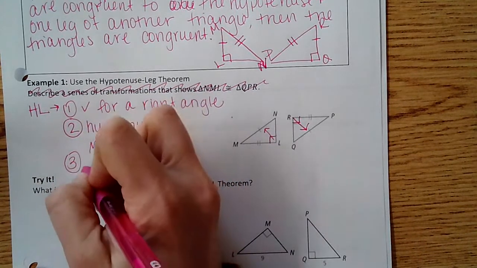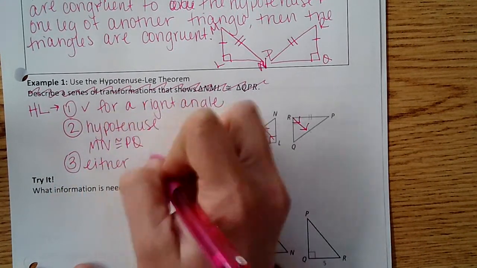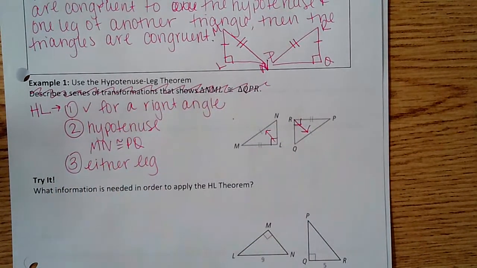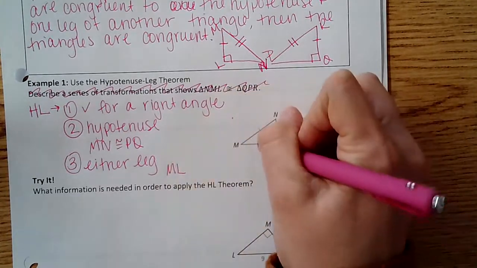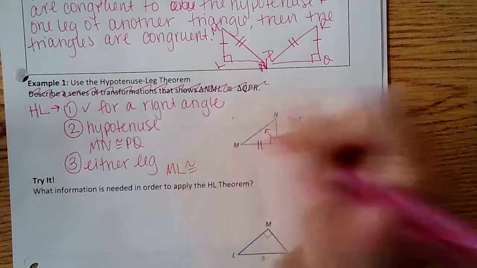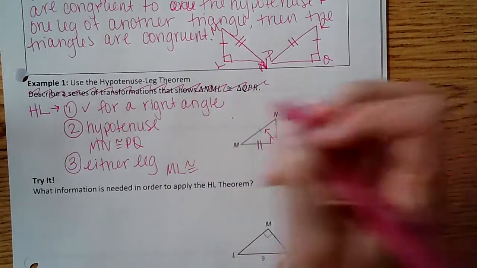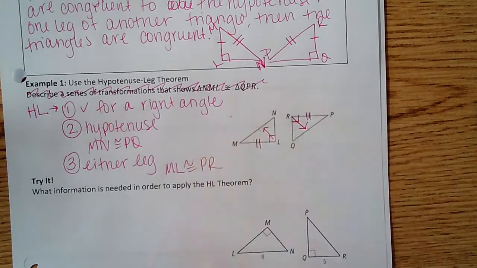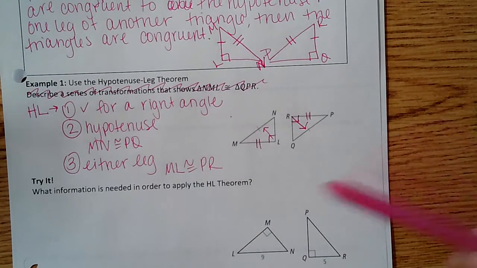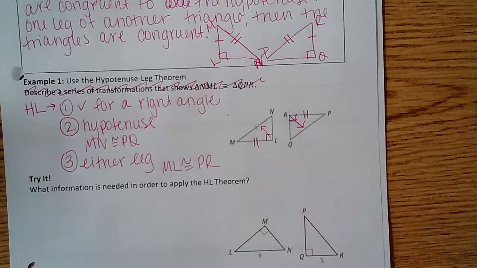And then step three, we can look for either leg. We don't need both legs to be congruent to the other two legs, just one set of legs. So in that case, we do know that ML, with the two tick marks here, is congruent to PR. And that's it. Hypotenuse, leg.